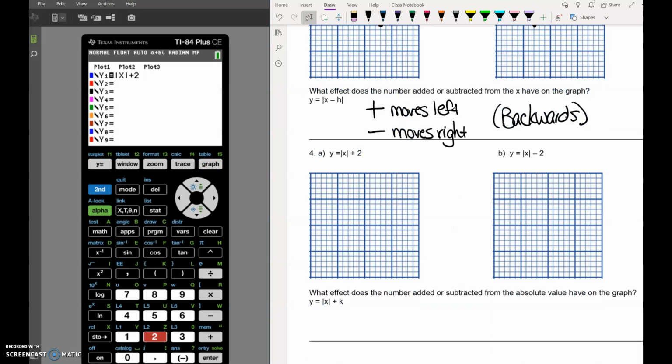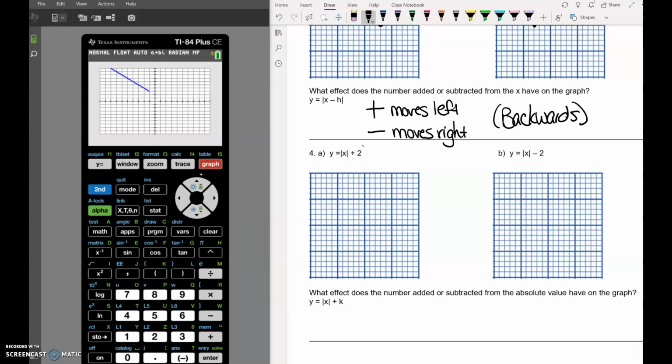So next we need to talk about adding or subtracting outside of the absolute value bars. Adding 2 actually shifts this up 2. So -2 is going to shift it down 2.